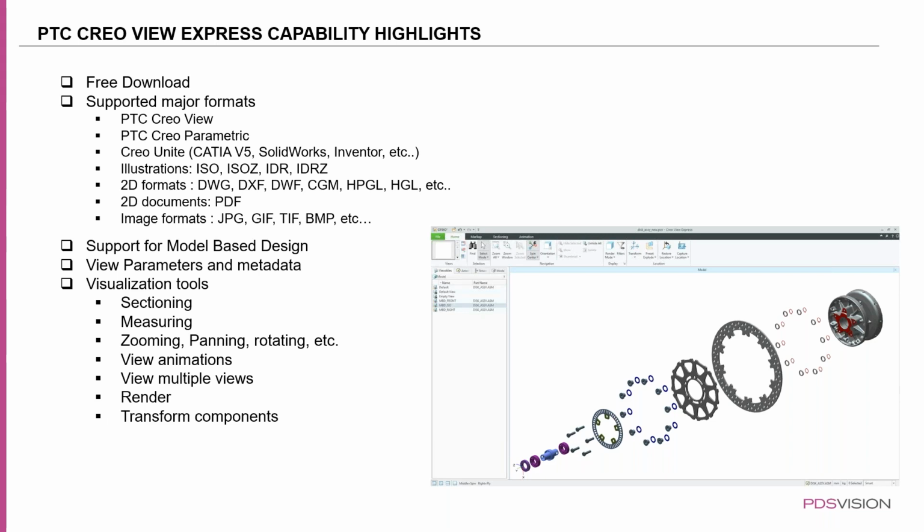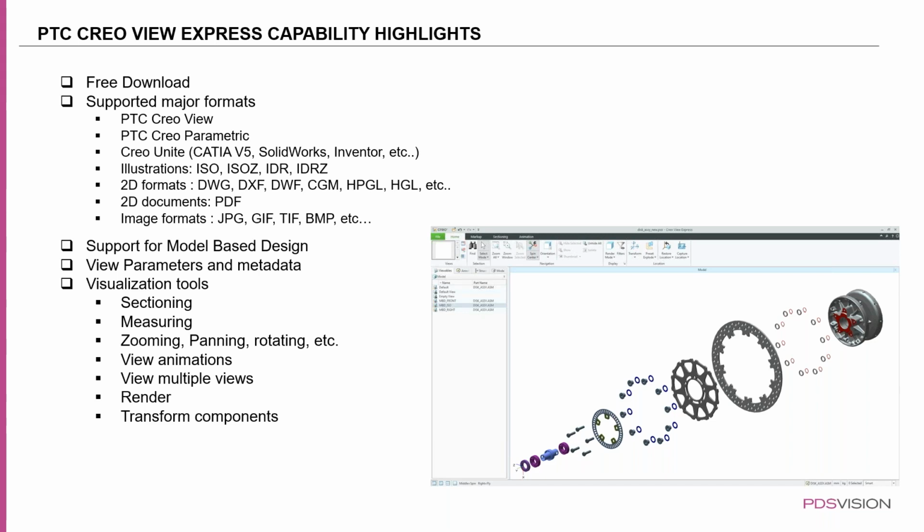And for those who use Creo Parametric and also use Creo Unite, you can view the files from other CAD authoring applications such as SolidWorks, Inventor, or CATIA, only if those files are saved out of Creo Parametric.